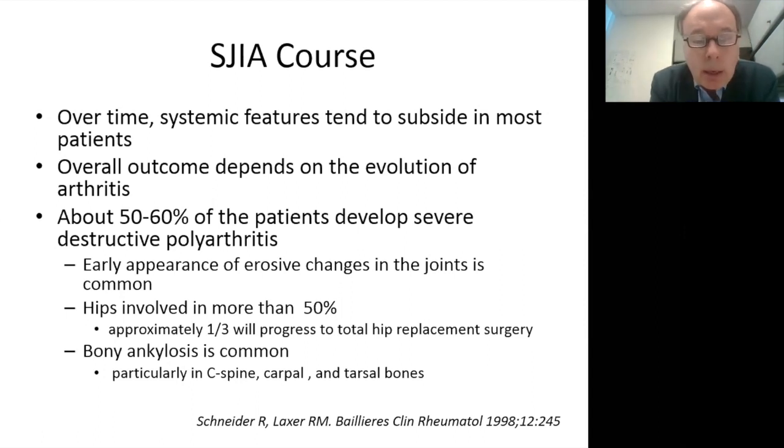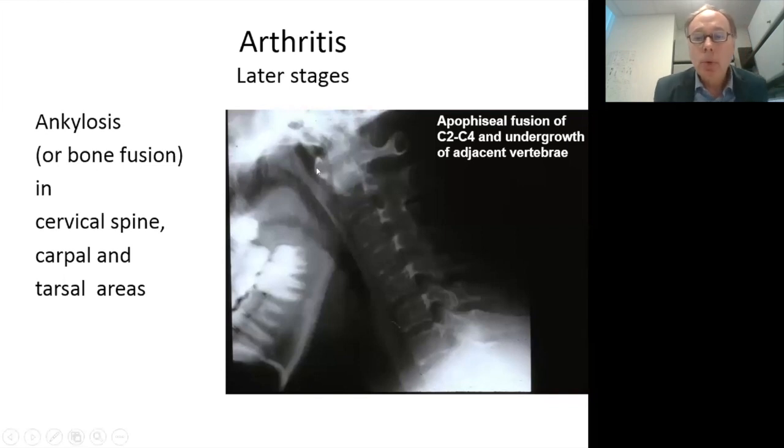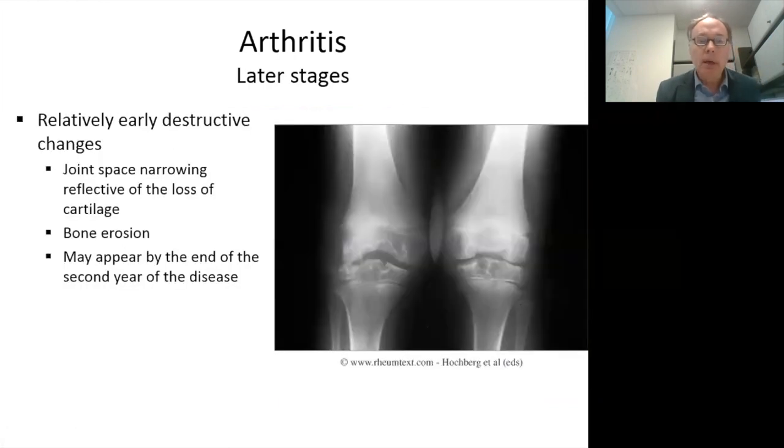And that usually happens in the neck, but also in the wrists and feet. And in this particular example, we are looking at the fusion of the bones in the neck. And again, it's rather characteristic for systemic juvenile idiopathic arthritis.